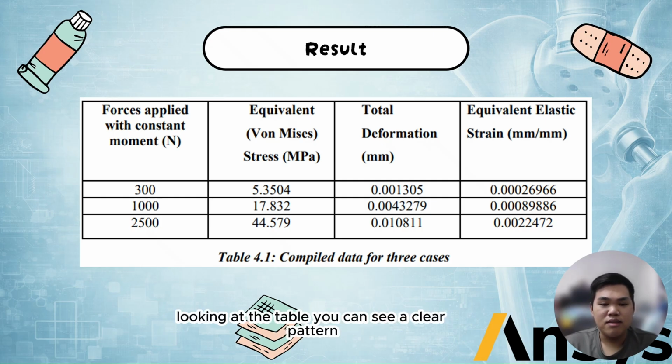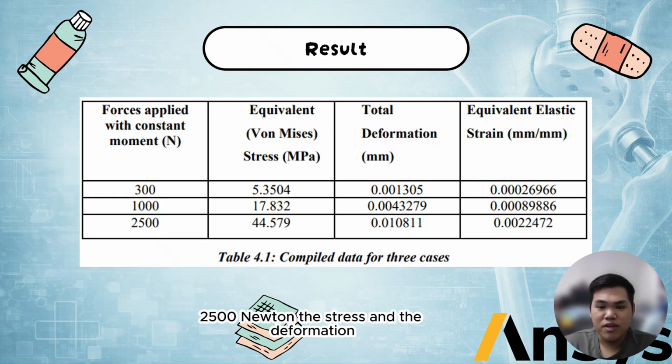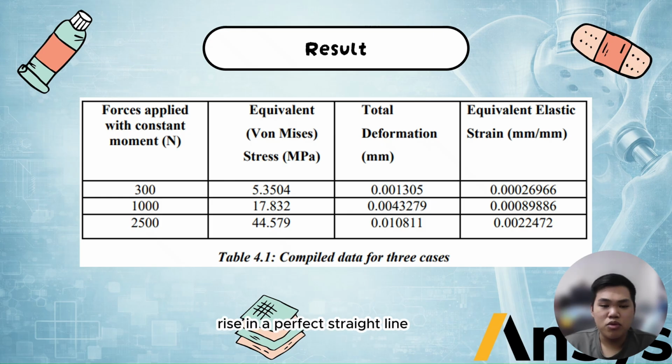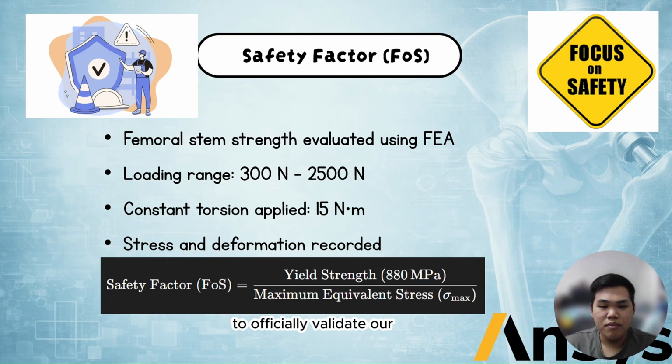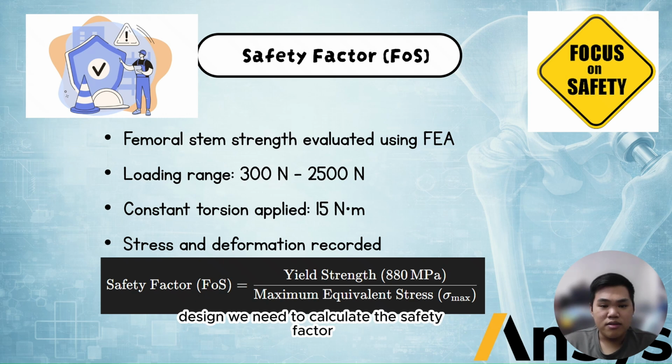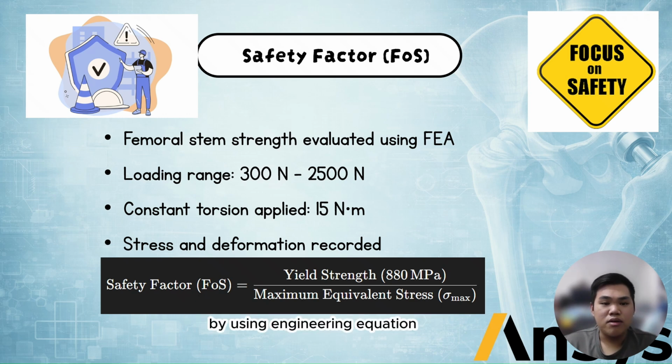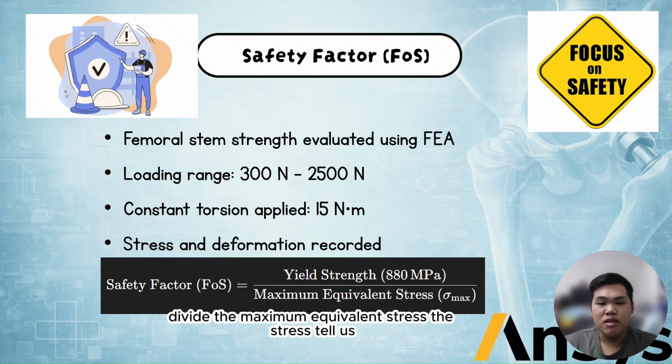Looking at the table, you can see a clear pattern. When we increase the force from 300 Newton up to 2,500 Newton, the stress and the deformation rise in a perfect straight line. To officially validate our design, we need to calculate the safety factor by using the engineering equation: yield strength of the material divided by the maximum equivalent stress.